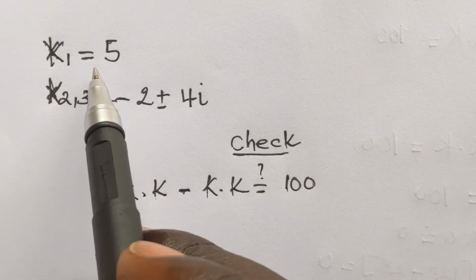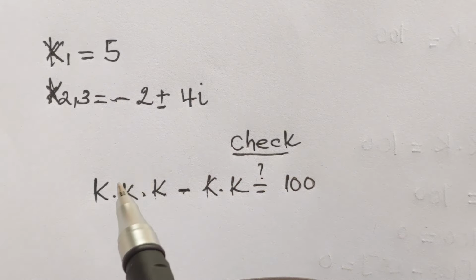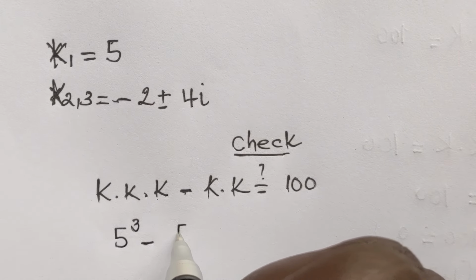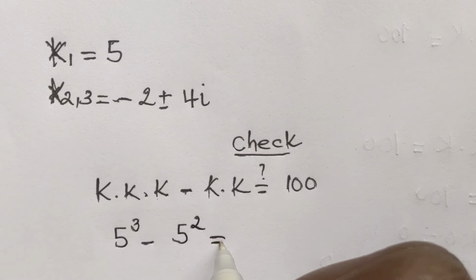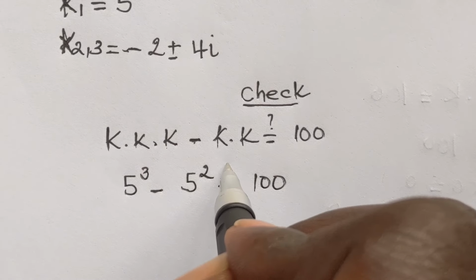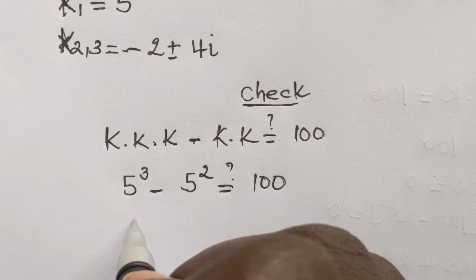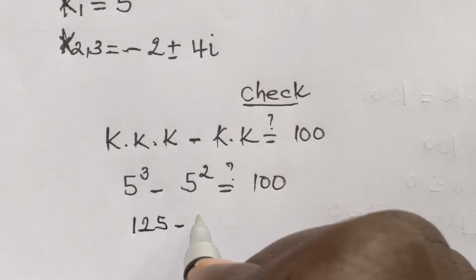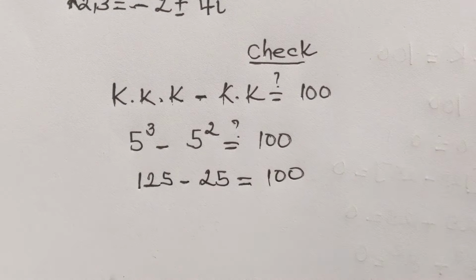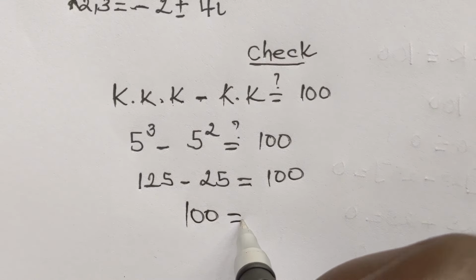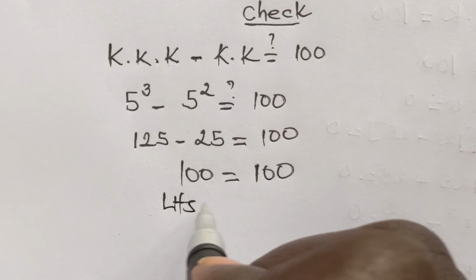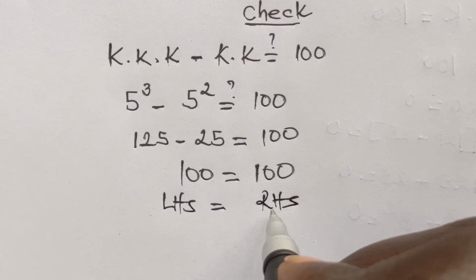We're going to use this real number we have right here: 5 to the power 3 minus 5 squared should equal 100. 5 to the power 3 is 125, minus 25, which equals 100. Then 100 equals 100. You can say left hand side equals right hand side.